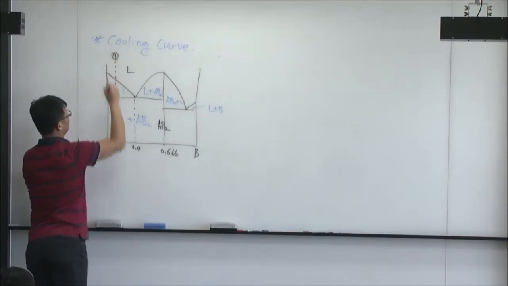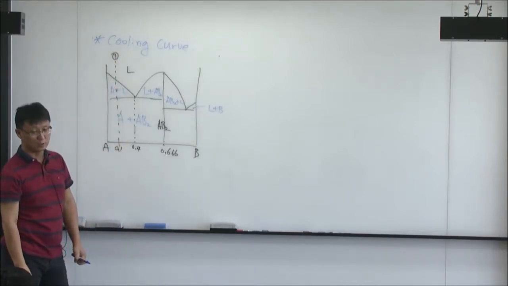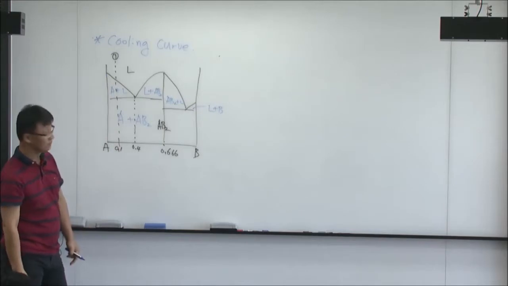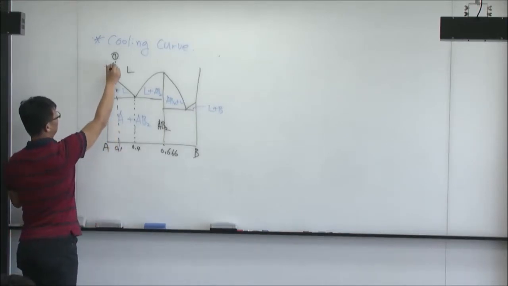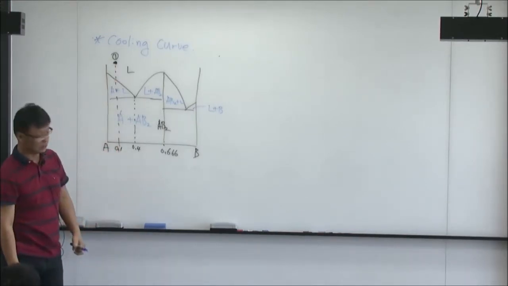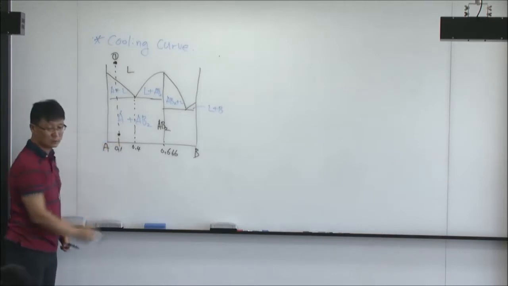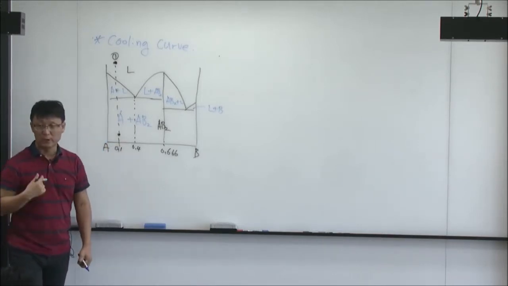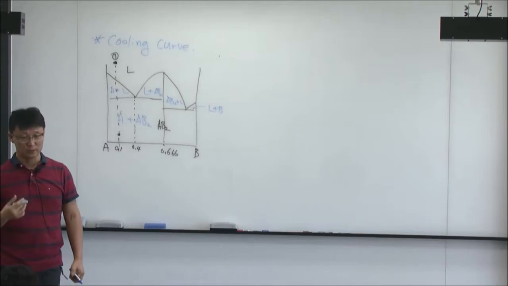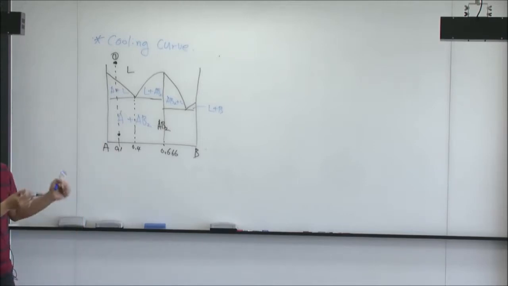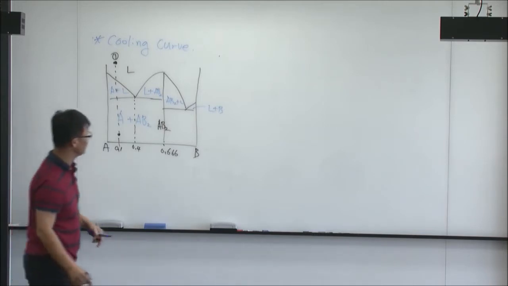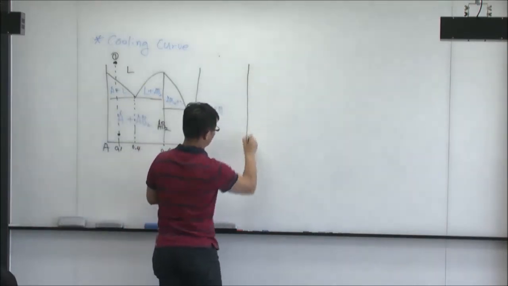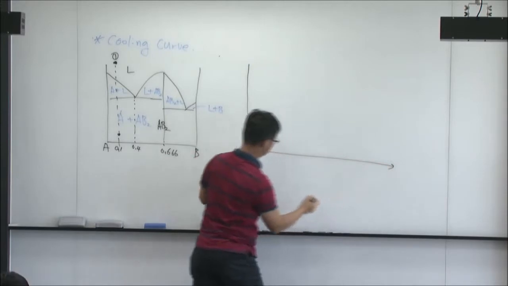So I will cool this composition from this temperature to a very low temperature. And I want to know what kind of phase is forming, according to the equilibrium phase diagram, with the cooling of this composition. So what I'm expecting is like this.